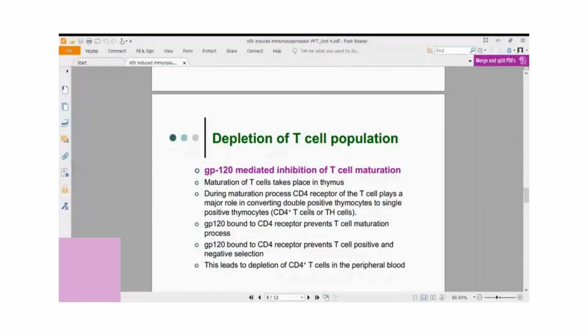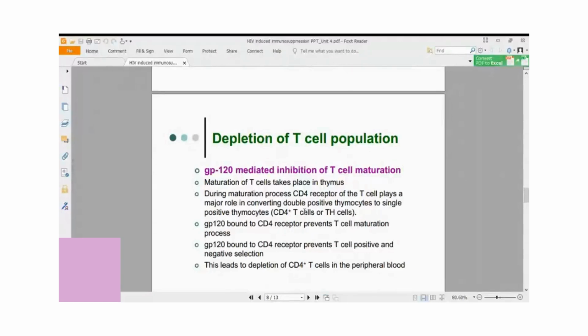Now we know that when the GP120 is there in abundance in the soluble form in the serum or the plasma of the patient suffering from HIV infection, it will bind to the CD4 receptor of the T cells which are yet to commit themselves to the antigen.